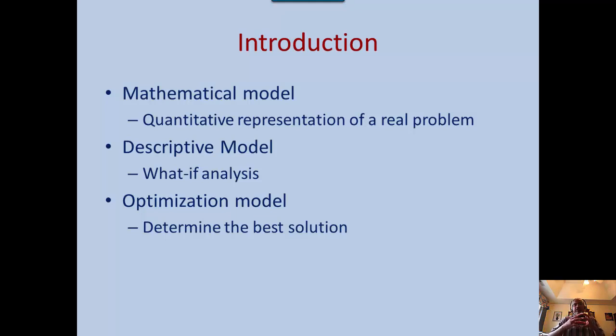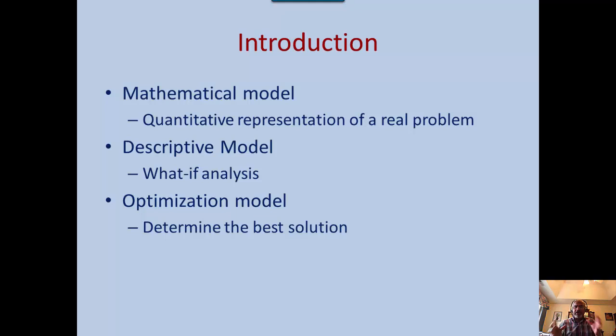Now, you can build this mathematical model with the purpose of doing what-if analysis. There may be several input variables that you may be able to change. For example, what price should you set for your product, or how many units of a product should you produce, and how many units should be shipped from one plant to one destination, and how many dollars you should put aside for funding a pension plan, and so on.